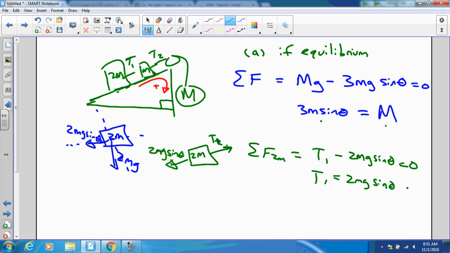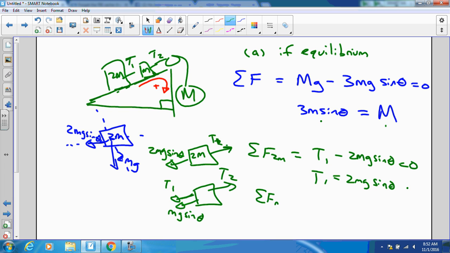And on the M, what are the forces on M? T1, and that one, T2, and mg sine theta. And we have a value for T1.